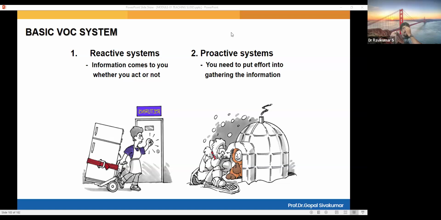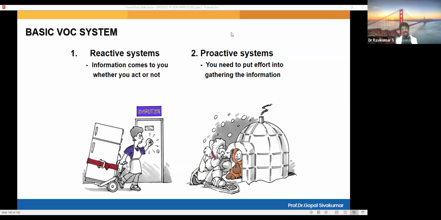Most of the time, the customer will be angry, irate, and irritated by the service provider when it comes to reactive VOC. When you provide a service that is not good, the customer will react in a negative way to that service.